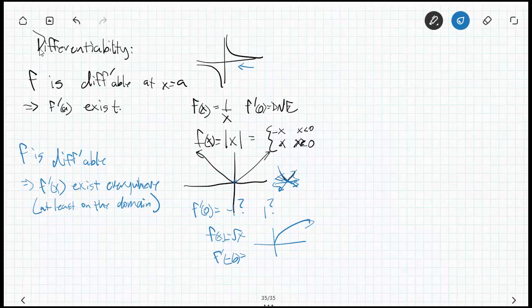So for example, 1 over x is differentiable everywhere its domain lives. I can take the derivative anywhere except at 0, all right? So I say that f of x equals 1 over x is differentiable for all values except x equals 0. Okay, so be a little bit careful here. You can talk about being differentiable on an interval, which means the derivative exists everywhere on the interval.